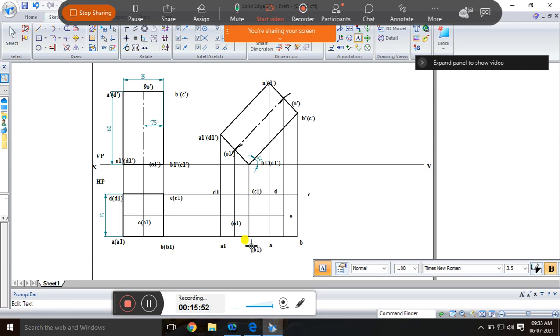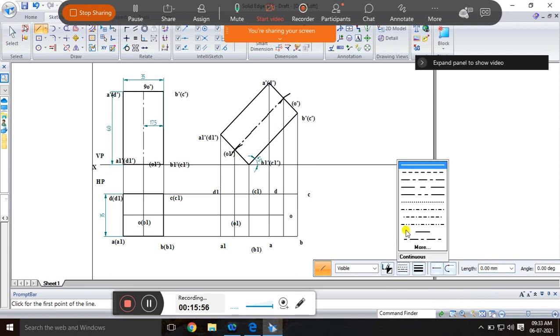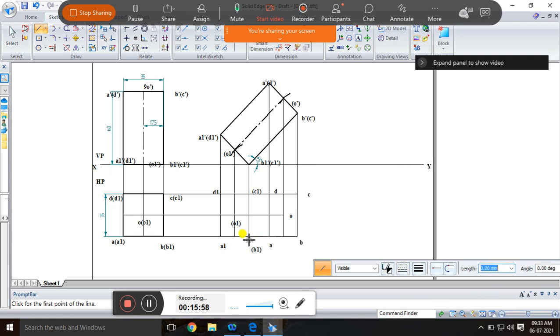These two edges are not visible. So first join invisible edges, that is with the help of dotted. Take the scale, join this A to C, it should be dotted like this. See, dotted is there, and similarly this C2 C1 is also dotted, and B1 to B is also dotted.